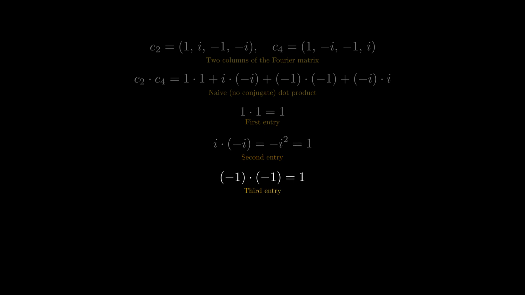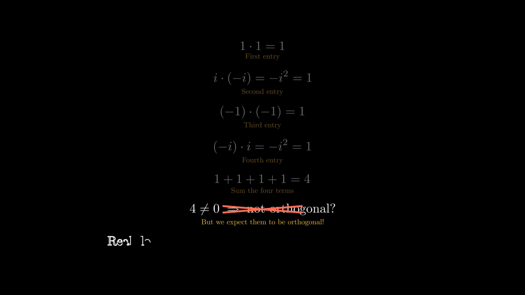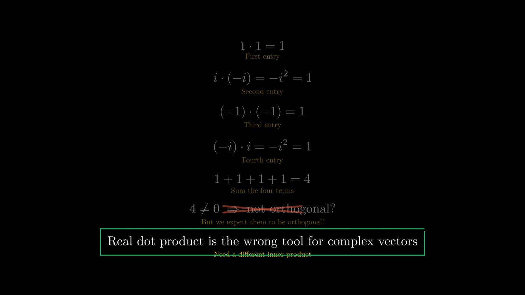Third entry, -1 times -1 is 1. Fourth entry, -i times i, that's -i squared again, which is 1. Adding them all up, 1 plus 1 plus 1 plus 1 equals 4. That's definitely not 0. So by the standard real-style dot product, these two columns look very much not orthogonal. Something is wrong here.